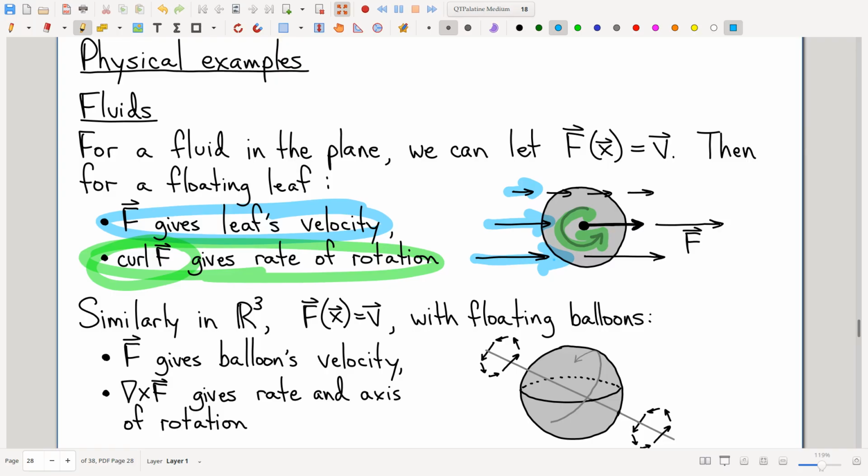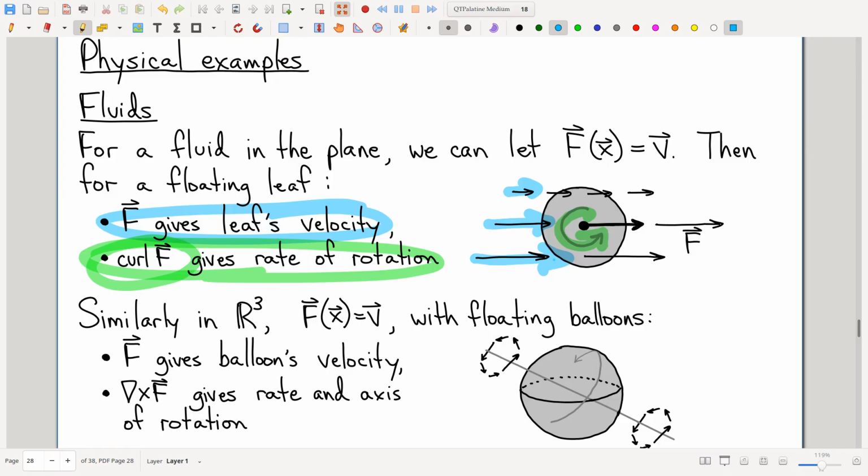So curl is a way of measuring, my favorite metaphor, if you drop a little leaf on the surface of a little stream whose motion is described by that vector field, how will that leaf rotate? And I think it's a pretty easy pitch that you look at how this water is flowing here, and it's flowing faster on what you might call the bottom side, and so it's being pushed harder on that side. This leaf is going to rotate counterclockwise.